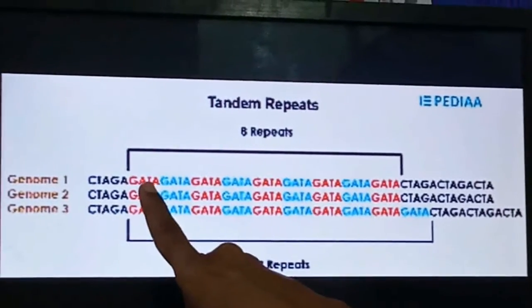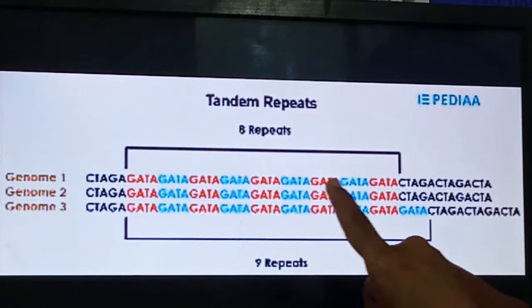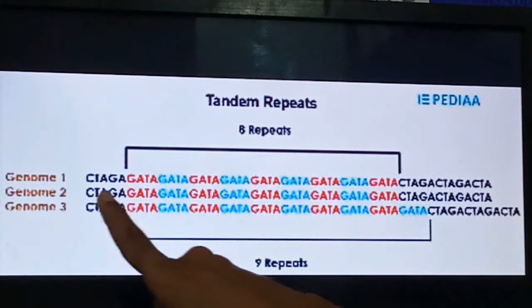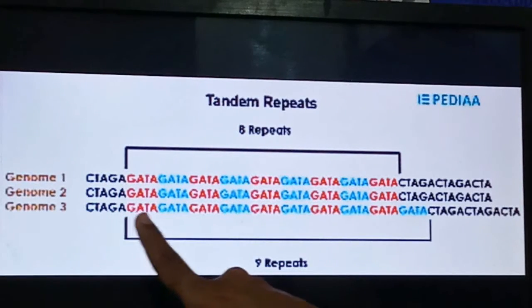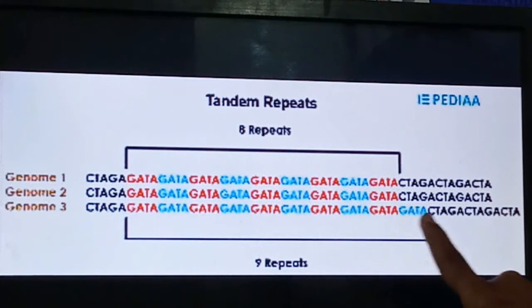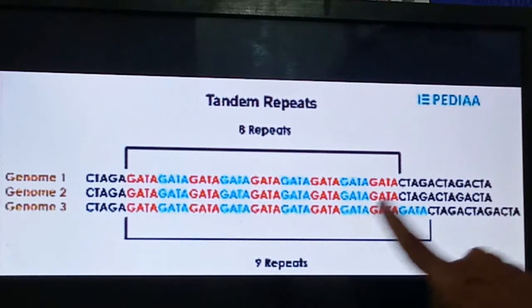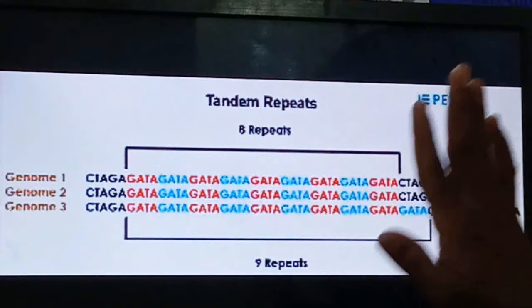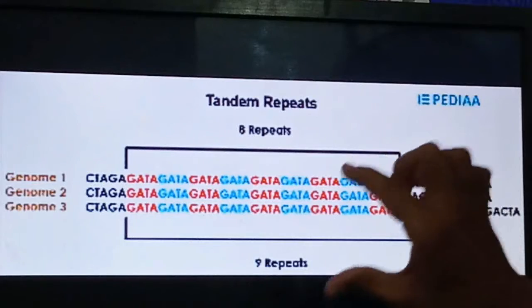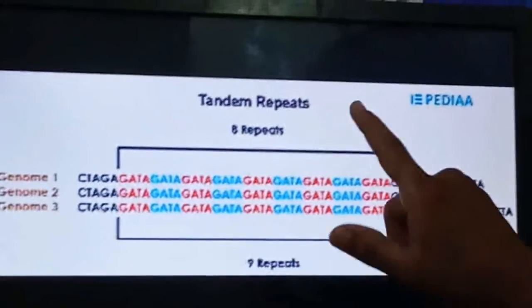In genome 1 it is repeated 1, 2, 3, 4, 5, 6, 7, 8 times. Even in the second genome it is repeated 8 times. But in genome 3, it is repeated 9 times. One extra is here. So this repeated sequence varies at different locations and in different organisms, and this is known as tandem repeats, which is the basis considered for DNA fingerprinting.